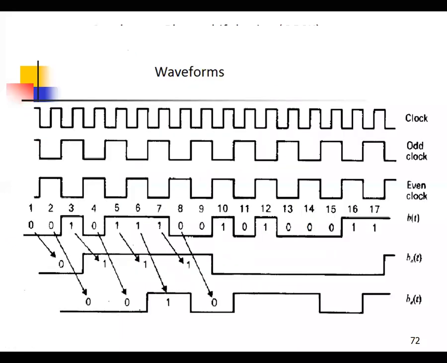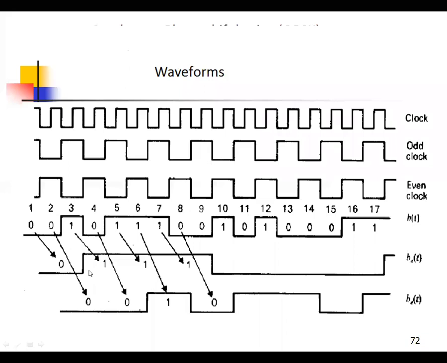Now, from the previous class, see the waveforms also. In the waveforms, there is a clock, and after toggling, the odd clock and even clock are generated.